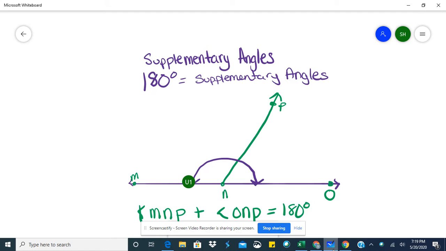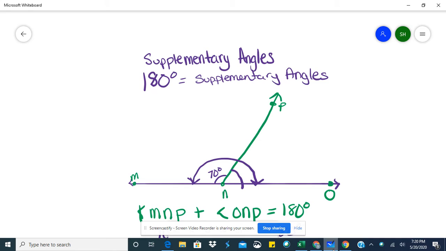So if I told you that angle MNP was 70 degrees, so MNP right here, 70 degrees, and I want to find out what angle ONP is, that would be my X. It would be 70 plus X equals 180 degrees. Subtract 70 from each side.